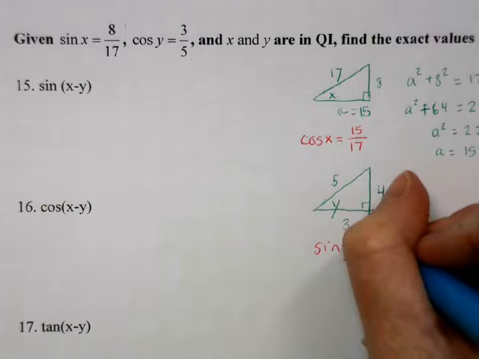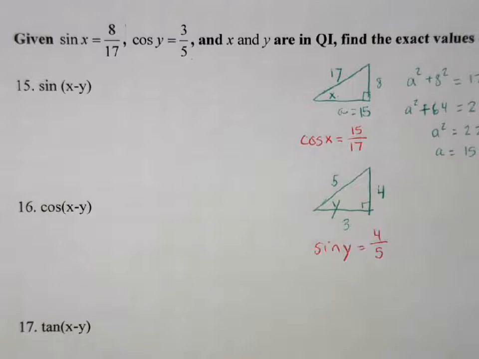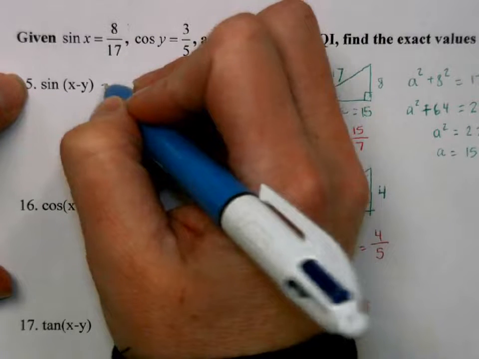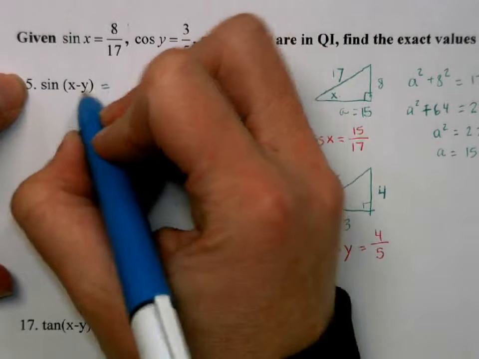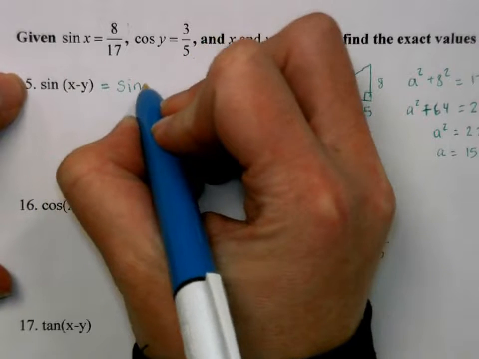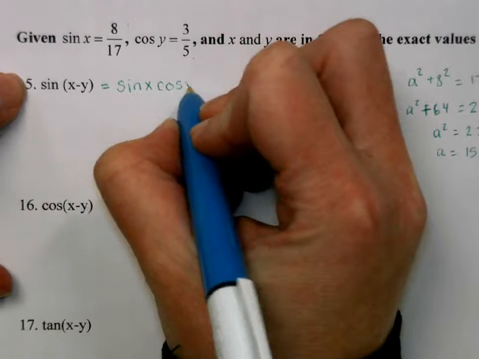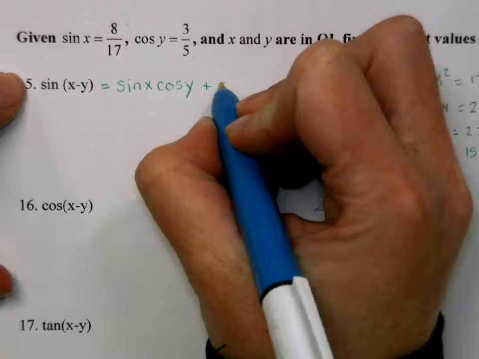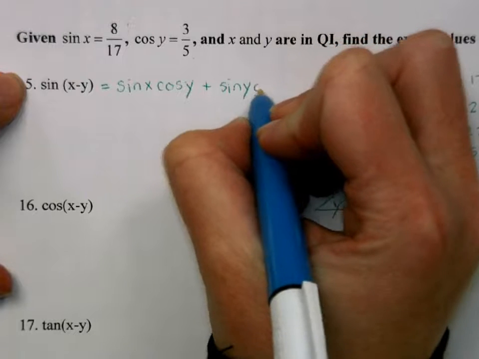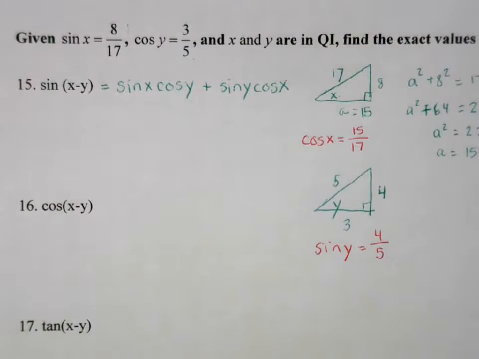Okay, so the next thing I'm going to do is expand using the identity. So the identity for sine of x minus y is sine of x cosine y minus sine of y cosine of x. Okay, some people get confused and think that x is 8/17, but it's not.